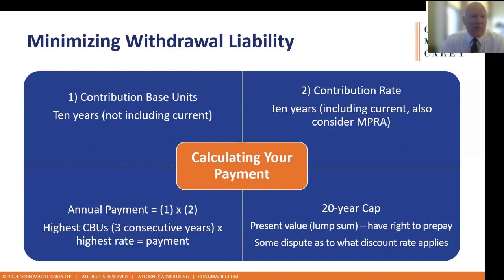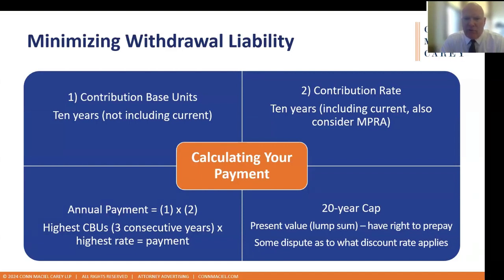So, the number of hours for which you contributed each year over the last 10 years. Then the other factor is your contribution rate for the last 10 years. This includes the current year. And the reason why is because your current year is probably your highest contribution rate.